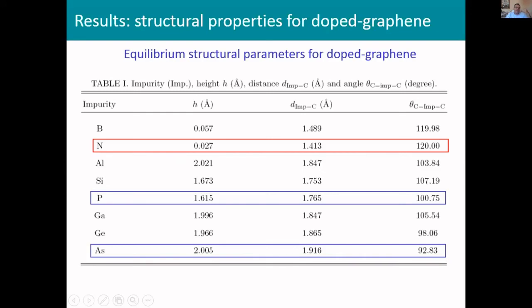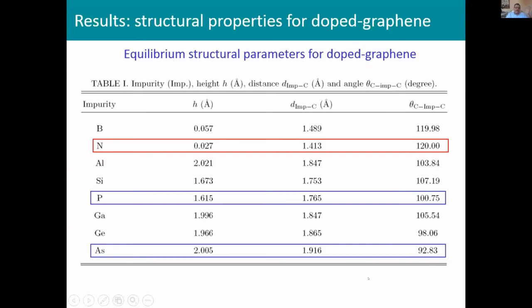As we can see, and as is expected for small atoms like boron and nitrogen, the system is practically flat. There are no distortions. In particular, in the nitrogen case, it is exactly an sp2 bond. In the case of phosphorus and arsenic, we have an important distortion. Also in the other systems, however, remember that systems like aluminum and gallium are not magnetic.